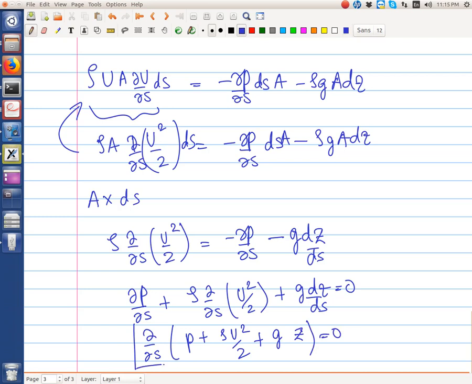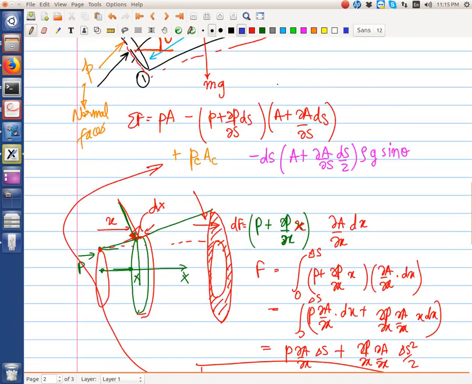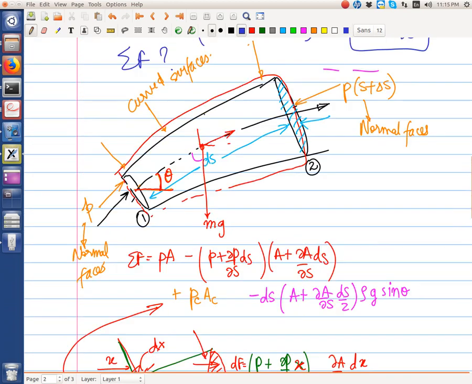This is itself the Bernoulli equation, which we have derived using the mass and momentum balance for a stream tube. The main idea was that for a stream tube there is no flux through the side wall. By definition of a stream tube, there is no flux through these surfaces. Whatever flux comes in through this end has to go out through this end, and then you simply do a mass balance and a momentum balance.